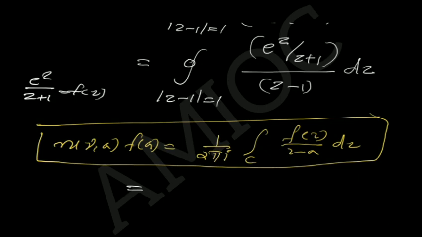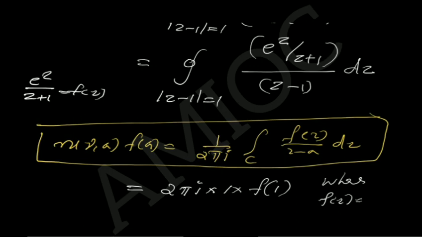this integral is equal to 2 pi I into n(C, 1), and that is 1, so 2 pi I into 1 into f of a. Here the point a is 1, therefore f of 1, where f of z is e raised to z divided by z plus 1.